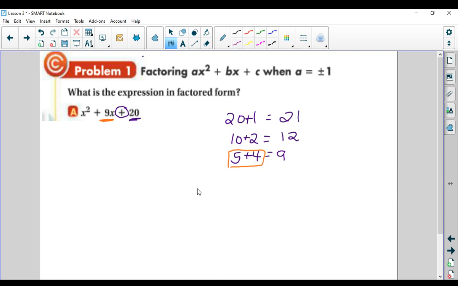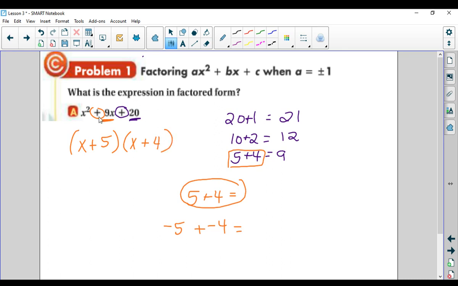So you need to decide: is 5 plus 4 equal to positive 9? Or is negative 5 plus negative 4 equal to positive 9? And we realize that positive 5 and positive 4 give me a positive 9. And this is our answer. This is where you stop. You don't have to do any other step.